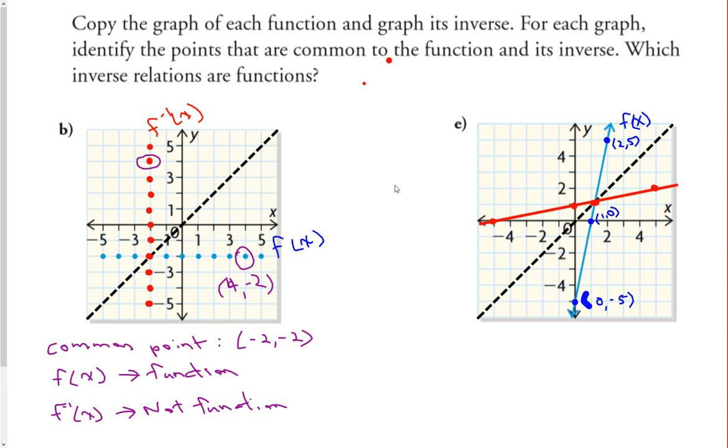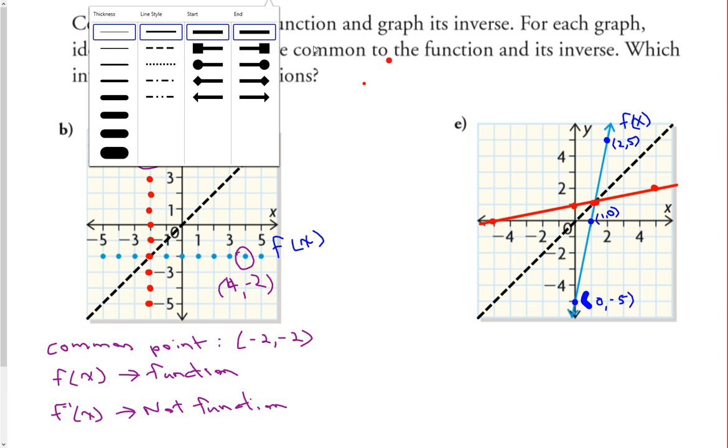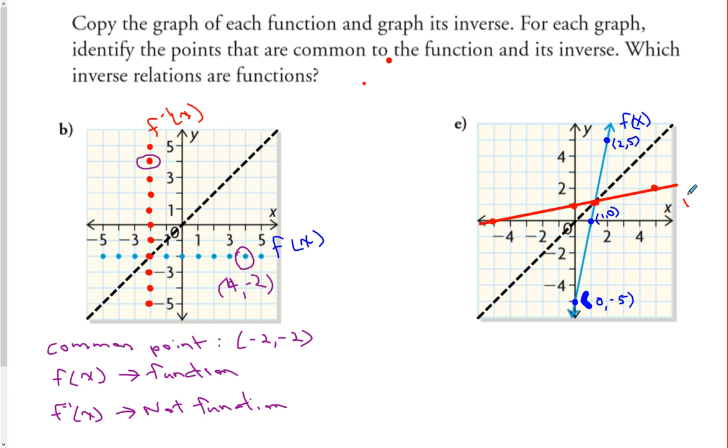But I got 4, so that gives me a little bit extra, which is fine. But 2 points would have done it. So that's my inverse. Nicely graphed. Okay, so that's what I recommend you do. Don't try and figure everything out about the line. Just pick a couple of points and then flip the coordinates, and that's going to very easily tell you what the coordinates are of your inverse.